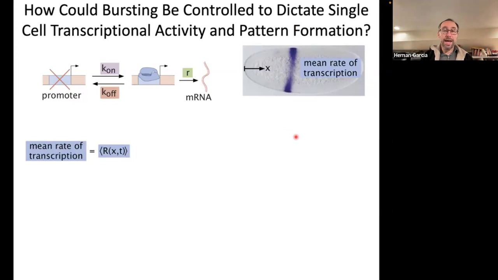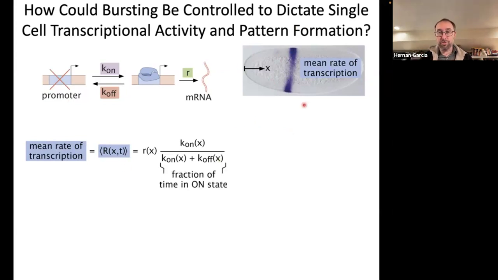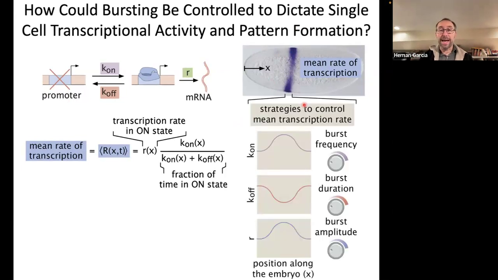Okay, and if you acknowledge that there's bursting, this mean rate of transcription is given by this equation here, where you have a term that has to do with the fraction of time that the promoter spends in the on state, and a term that tells you what is the transcription when you're in the on state. Okay, and in the context of this model, then you can make a stripe by increasing burst frequency in the middle of the stripe, by increasing burst duration or decreasing K off in the middle of the stripe, by increasing the burst amplitude in the middle of the stripe, or any combination thereof.